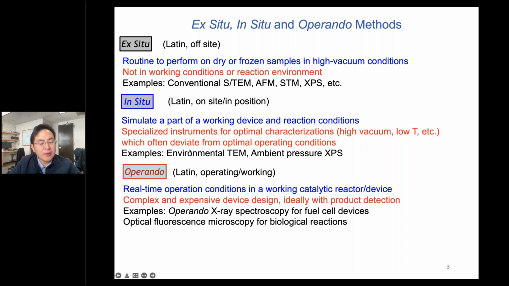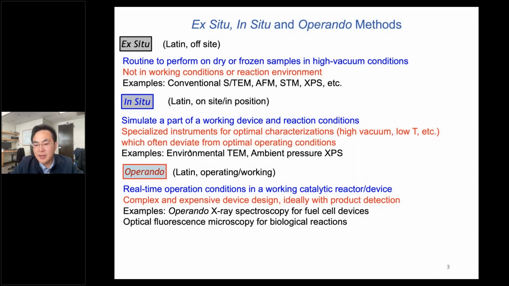Operando really means operating or working condition, so real-time operating condition in a working device. The reason we see so few studies in the literature is because it requires complex and expensive devices, and quite often requires TEM and synchrotron beamlines. Ideally, we would prefer to even have product detection.